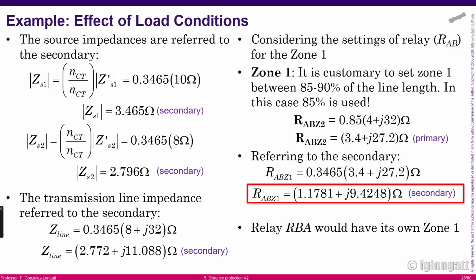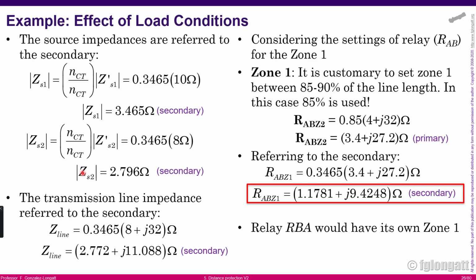Let's refer the source impedance from the primary to the secondary of the voltage and current transformers, okay? And in this case, what we will do is the following, okay? Using the impedance transformer ratio, we easily obtain the source impedance, positive sequence and negative sequence for the source, okay?